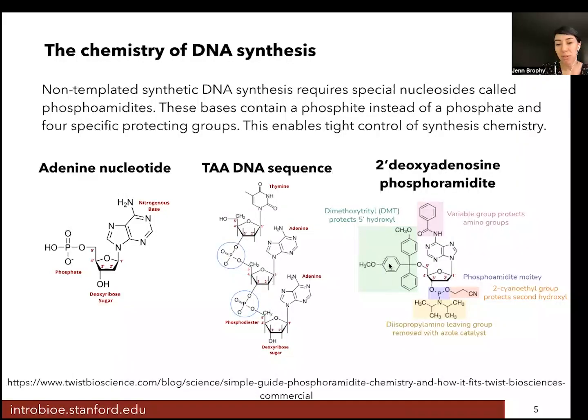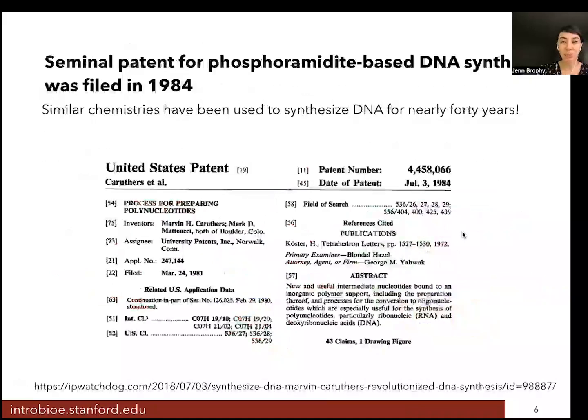So instead of there being a phosphate here, you have this big, bulky DMT. And then instead of the hydroxyl, you have this phosphoramidite moiety. We'll talk in a second about what that does, but it is essentially this phosphoramidite moiety and these other protecting groups that allow you to add single bases at a time to a growing segment of DNA.